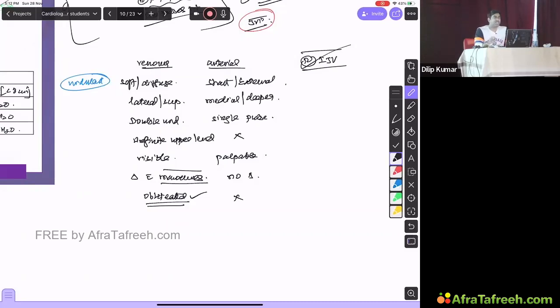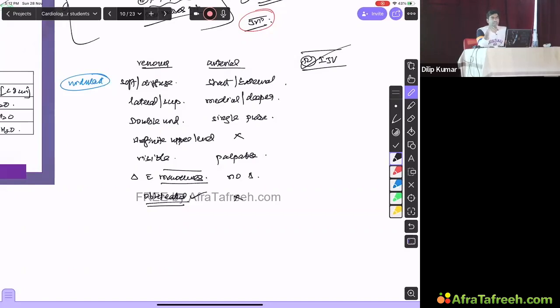It is because the external jugular veins are very, very superficial. They are easily manipulated by the changes in the facial planes and the pressures associated with them. Even a slight change in pressure in the facial planes might completely obliterate the external jugular vein. So that is why we prefer internal jugular veins, which are slightly deeper to the facial plane and not affected by any facial planes. Clear? That's why we prefer internal jugular vein over external jugular vein.